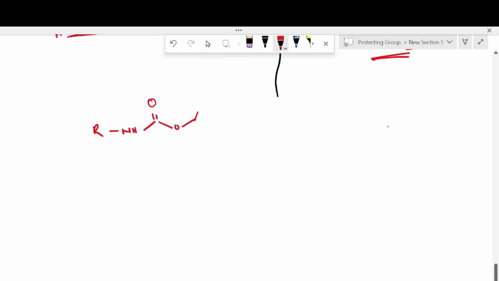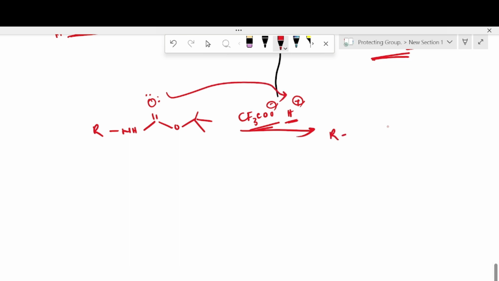So we have the BOC protected amine. When we add trifluoroacetic acid, we get trifluoroacetate and H plus ion. The lone pair on the oxygen accepts the H plus ion.